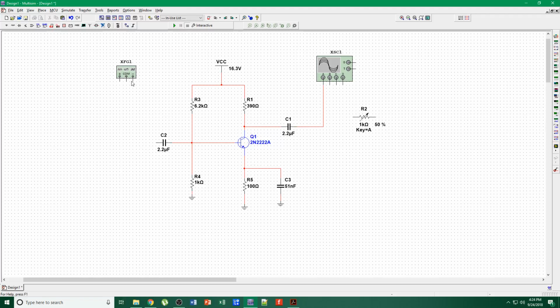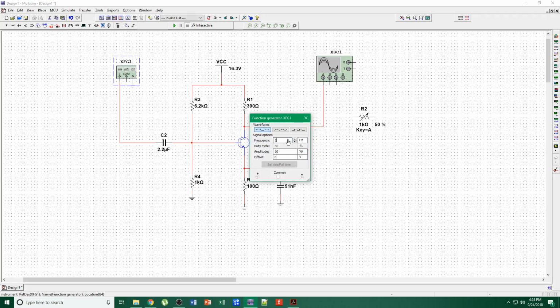I will place this here, place this here, place the negative at ground. This is 64 kilohertz at an amplitude of 1.5 volts. Oh, amplitude at 0.75. Sine wave.